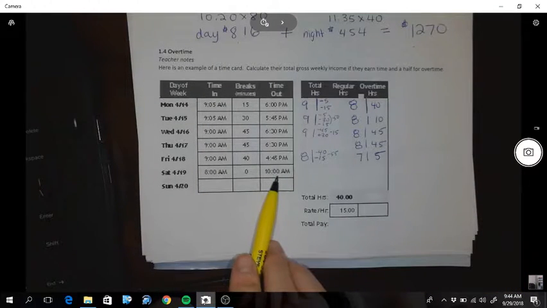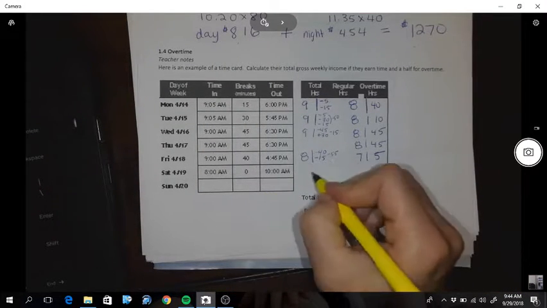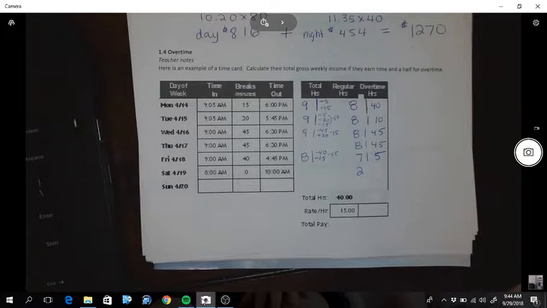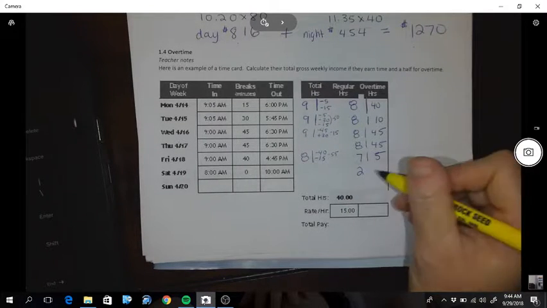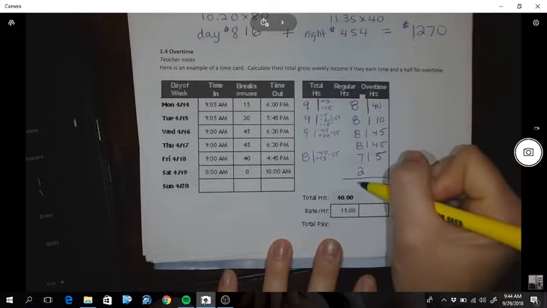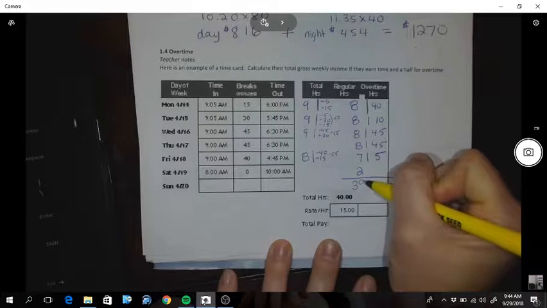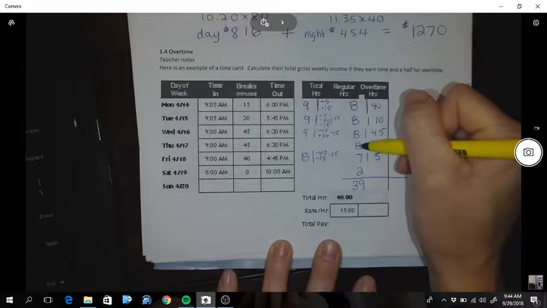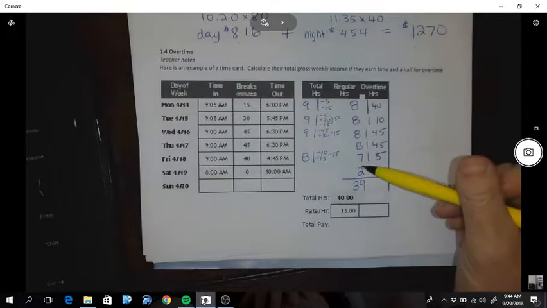Saturday, 8 a.m. to 10 a.m. That's 2 hours flat. Okay, let's add this all up. Let's see here.